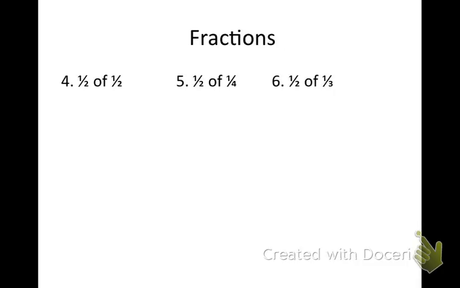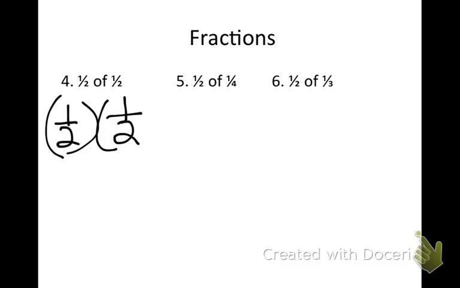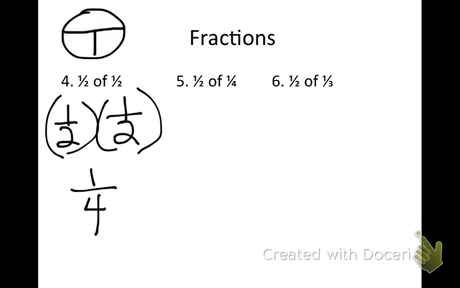Now we have some things that maybe aren't so familiar. A lot of these you might see in cooking or baking. I want 1/2 of 1/2. If I have a half of a pizza, let's take our pizza and break it into half. If I break that into half, I now have 1/4 of the pizza.